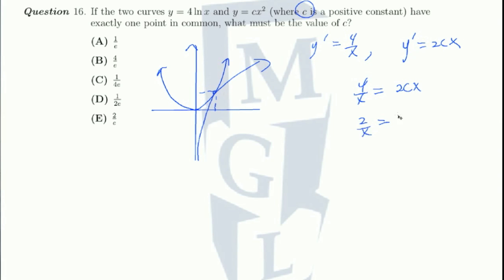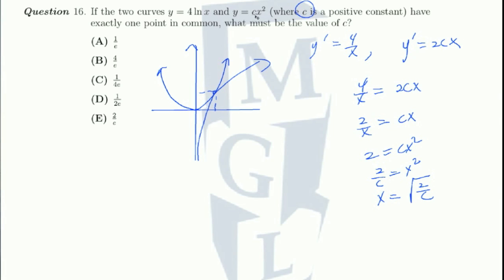So you get 2 over x is equal to cx. So you get 2 equals cx squared. x squared is 2 over c. So x is plus minus, but you know that this is a positive value. Right? So we can just consider root 2 over c. We don't have to consider the negative.